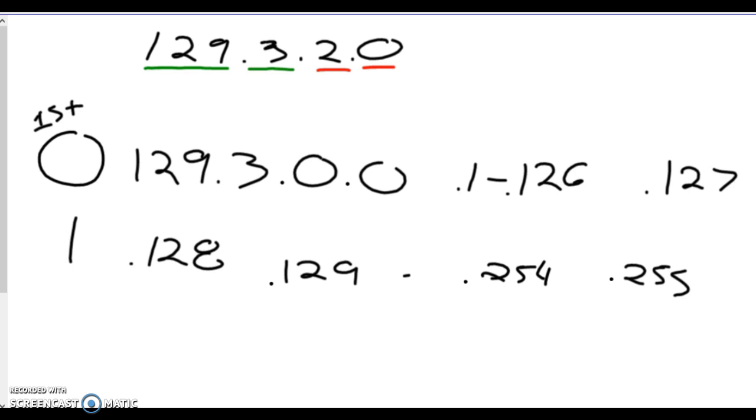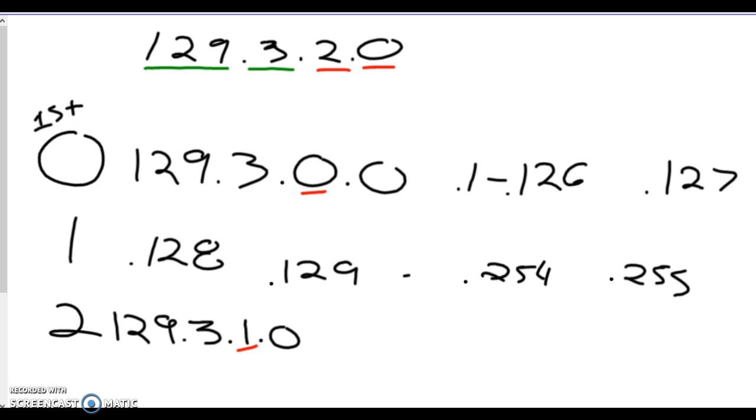Now that I've reached my max, my third octet is going to increment the next spot over. So pay attention. This matches this. It incremented 1 because in a class B we can keep on going.